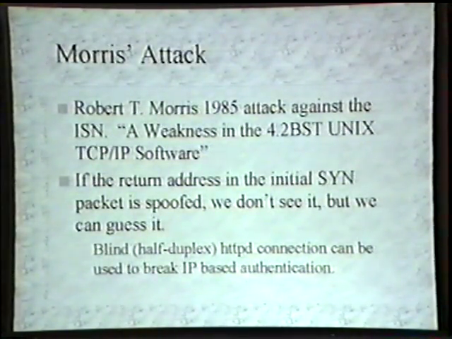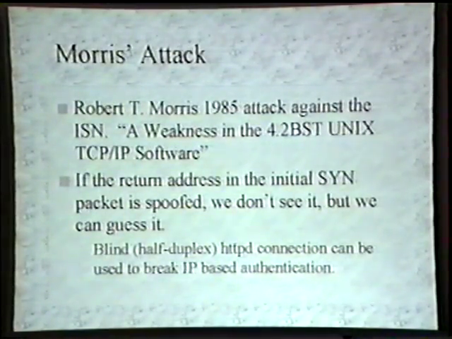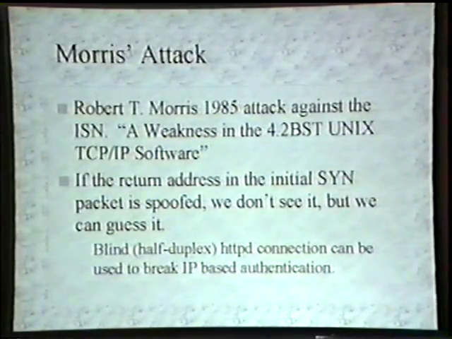But assuming you don't have that kind of access, assuming you're a hacker that's outside both LANs and you don't have access to the routers or whatever, you can try to guess what the next sequence number of the SYN-ACK coming back is. You already know what your ISN is going to be. It's just yours plus 1, but you don't know what his is.